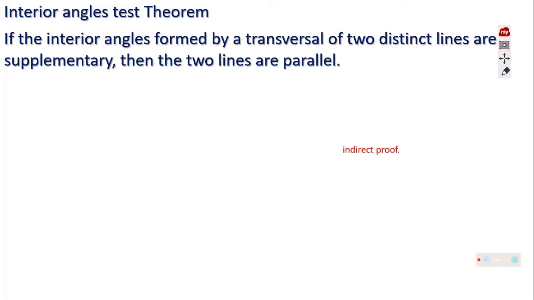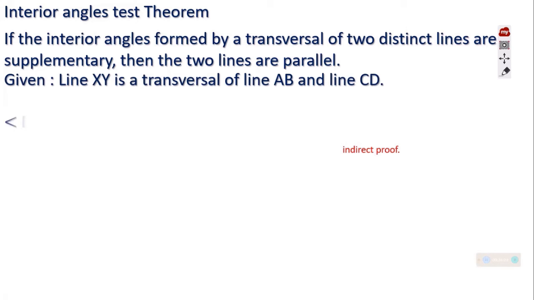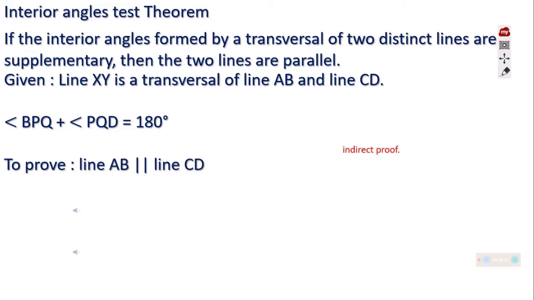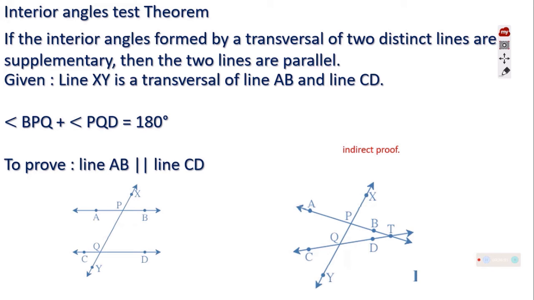Interior angle test theorem. We can test whether the lines are parallel. If the interior angles are supplementary, the lines are parallel. Here is again a drawing from your textbook.